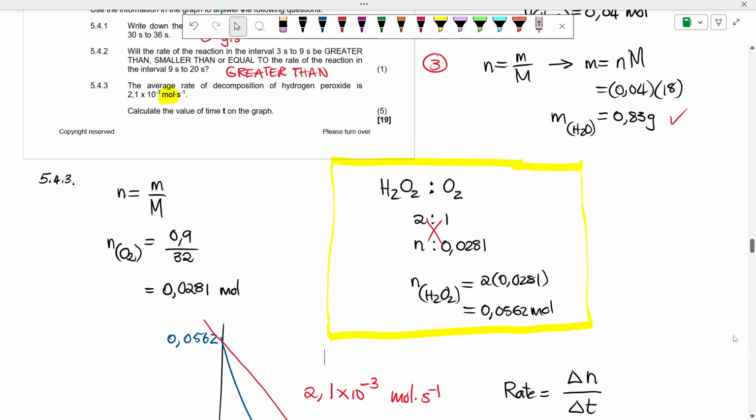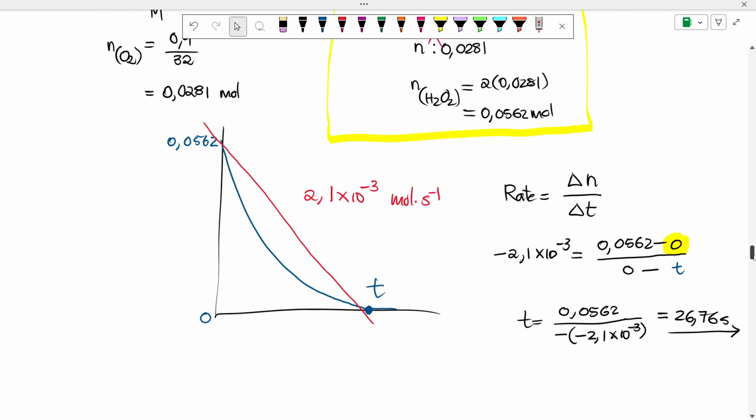Then we can draw a graph of the decomposition of hydrogen peroxide, and it will show that hydrogen peroxide is going down because it's a reactant. Then we find the rate of reaction by substituting that value. I use it as a negative because it's been decomposed, it's going down, right? If you leave it as positive, it's fine, but you're going to get a negative t value. Then you just change it into a positive, and that will work out.